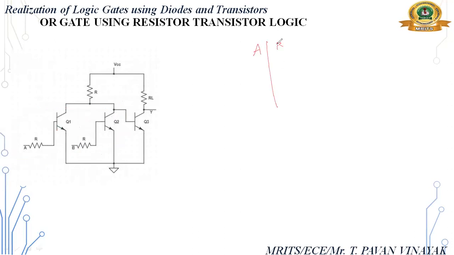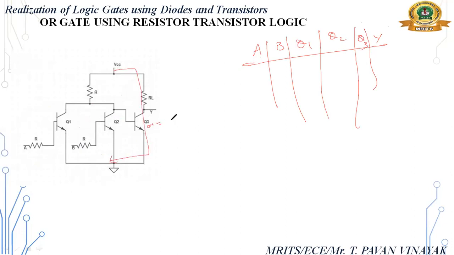A, B, Q1, Q2, Y. Observe: whenever Q3 is on, VCC comes to ground, so output is 0. Whenever Q3 is off, there is no path, so VCC will come to output. Okay.